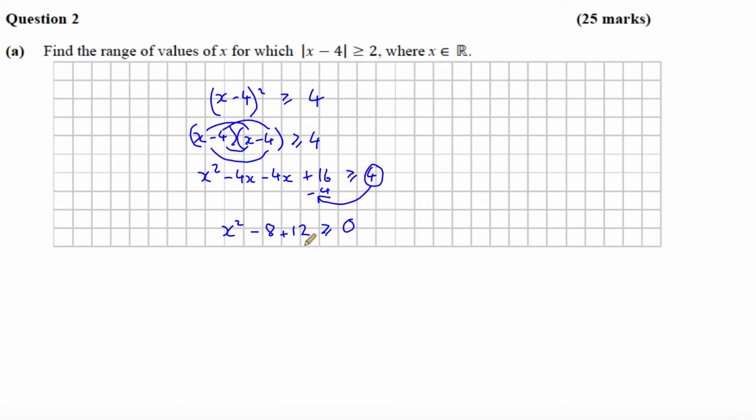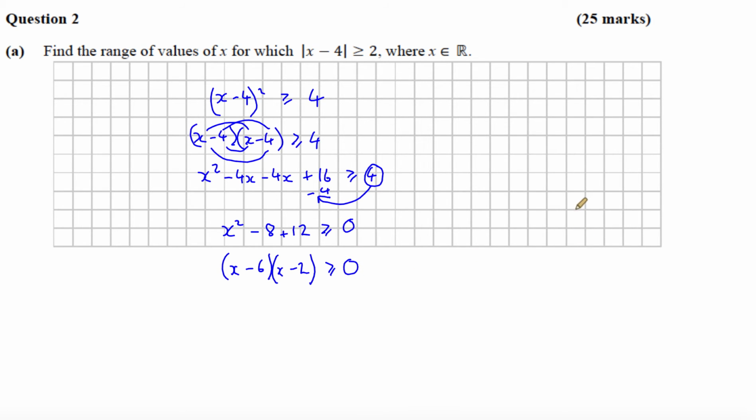Okay, so now we have a quadratic trinomial on the left, so we can factorize this. We want factors of 12 that will add to give minus 8. Well, that's going to be minus 6 and minus 2. We want to know where that function is greater than or equal to 0.